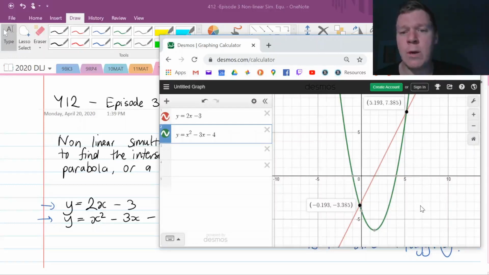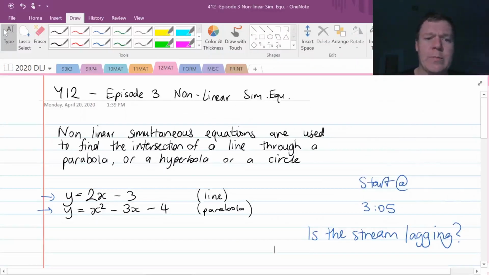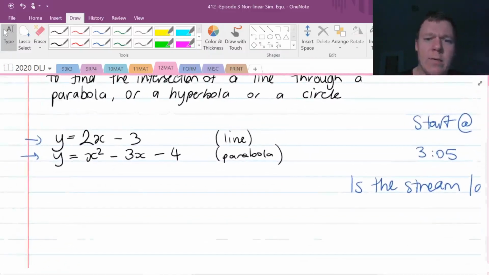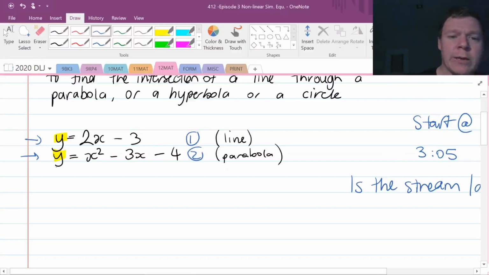But I want you to understand how to do this without Desmos. How will we calculate this just on pen and paper? Well, with regular simultaneous equations, when we've got equations that are set equal to y, we can simply set the equations equal to one another.